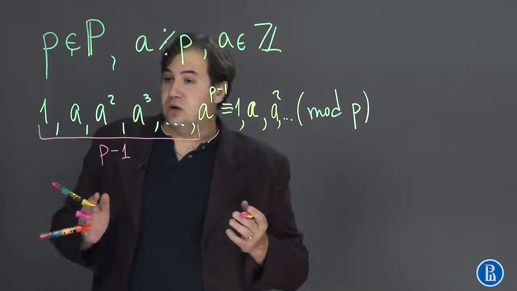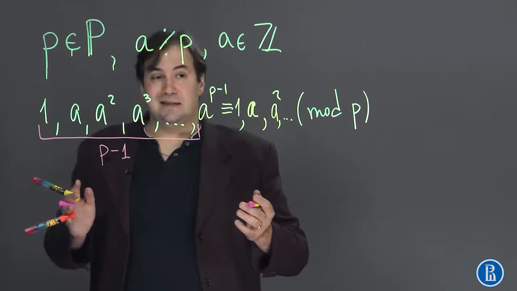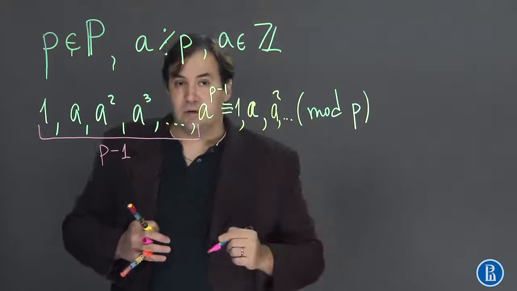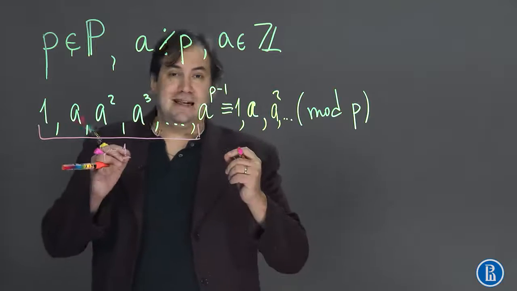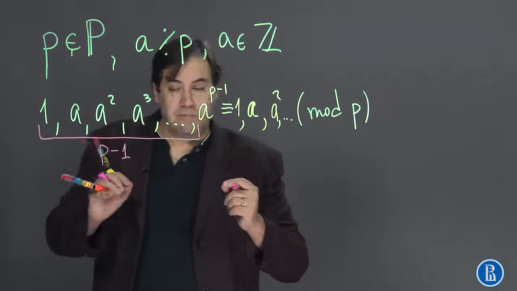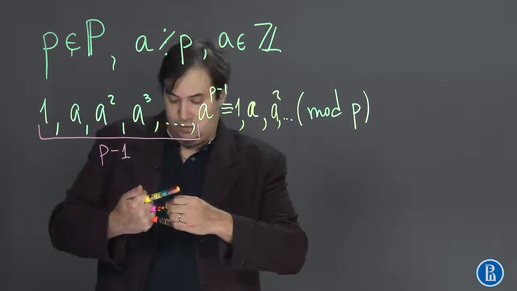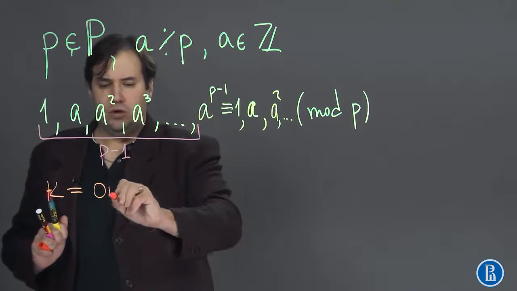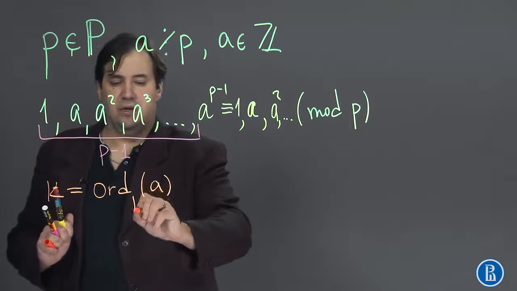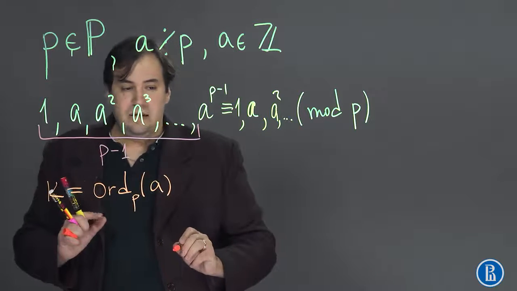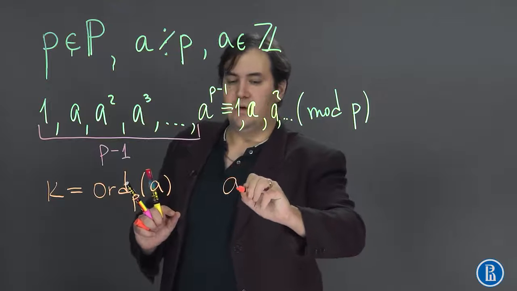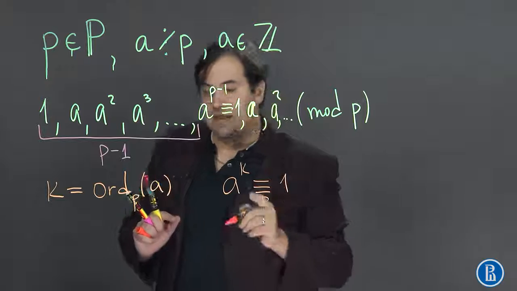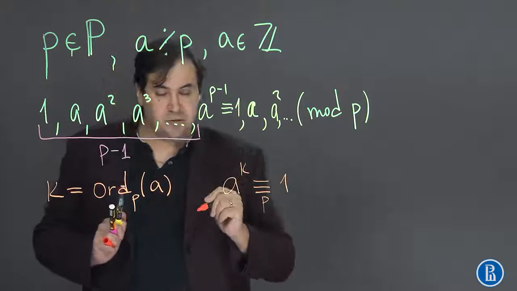We already know that since there is power P minus 1, when raised to which A is congruent to 1, then there is the least positive integer such power, which we call the order of A. So put K equal to the order of A modulo P. So we know that A to the power of K is congruent to 1 modulo P, and this is the least positive integer with such property.